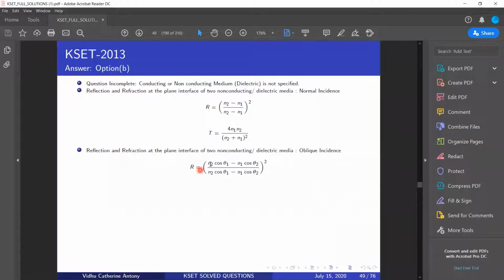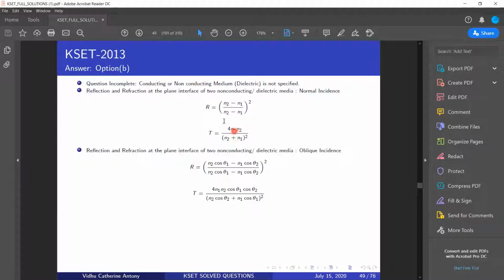Okay, so R is equal to (N2 cos θ1 minus N1 cos θ2) divided by (N2 cos θ1 plus N1 cos θ2), whole squared. And now your T is equal to 4 N1 N2 cos θ1 cos θ2 divided by (N2 cos θ1 plus N1 cos θ2) whole squared. So the only difference between here and here is that along with your N2, you have a cos θ1, and along with your N1, you have a cos θ2.